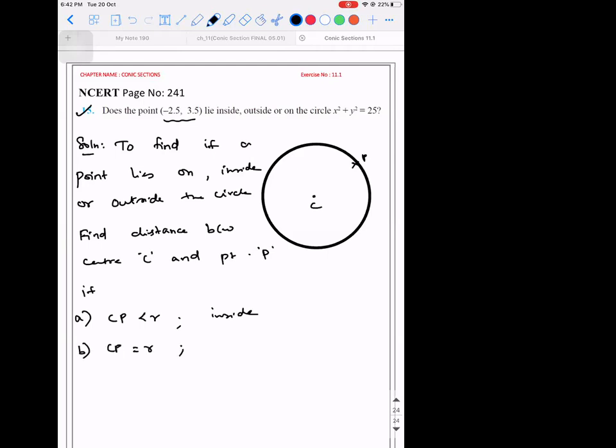If CP is equal to R, the point is on the circle. If CP is greater than R, it is outside the circle.